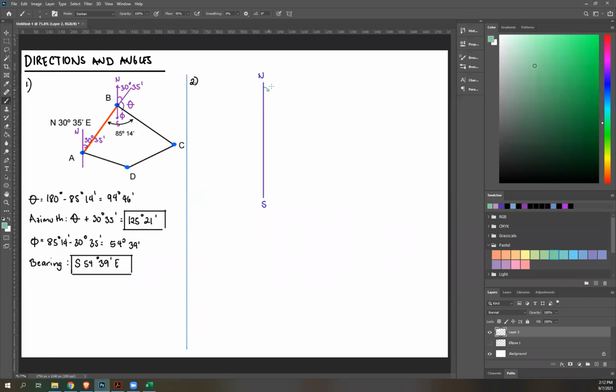Measure out 2 degrees, and that would be your angle of declination. Let's call this your magnetic north, magnetic south. And now let's get line AB here.